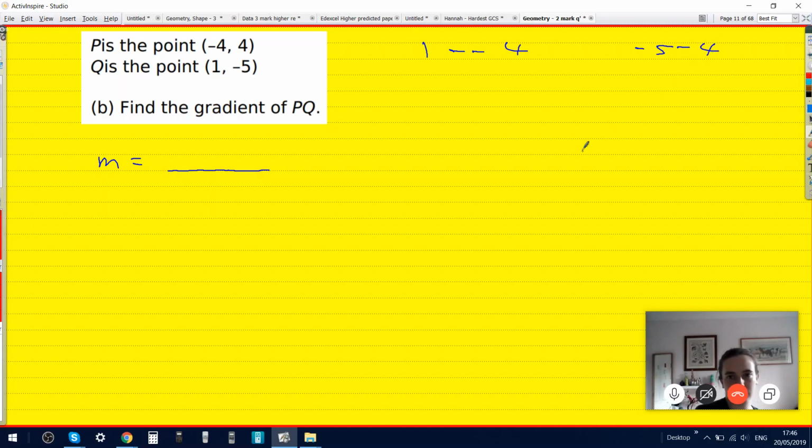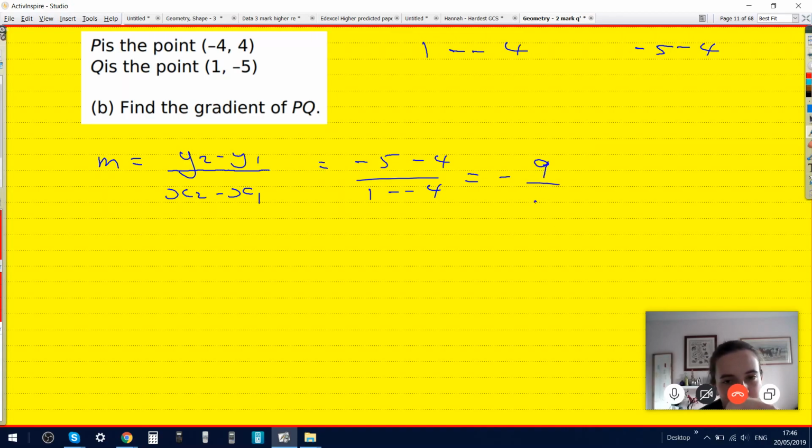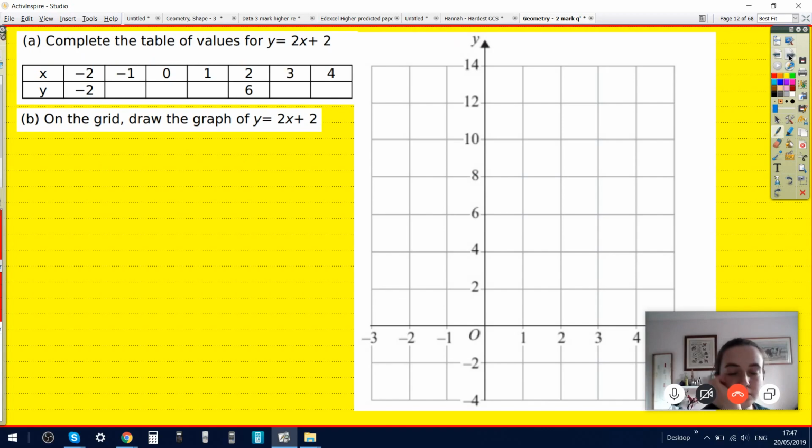Which is on top, which is on bottom? Y is on top, so the minus 4 goes on top. X is on bottom. What do you get? Minus 9 over 5. That's it. That's a fine gradient. You're fine with this one, I take it?